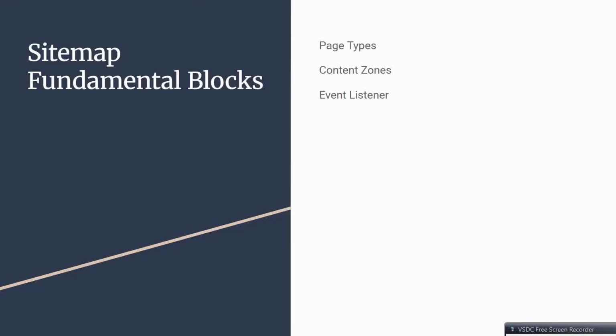Content zones are basically the areas where the banners and so on will be shown. Page type is basically to identify which page the user is visiting. All these things will be defined in the sitemap.